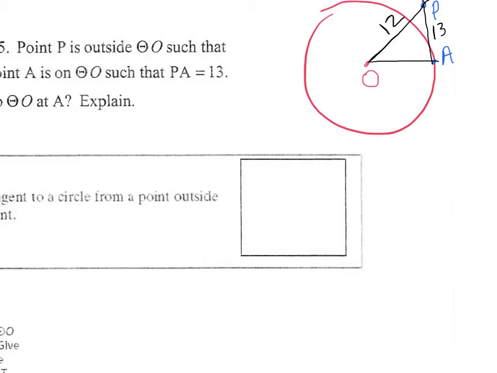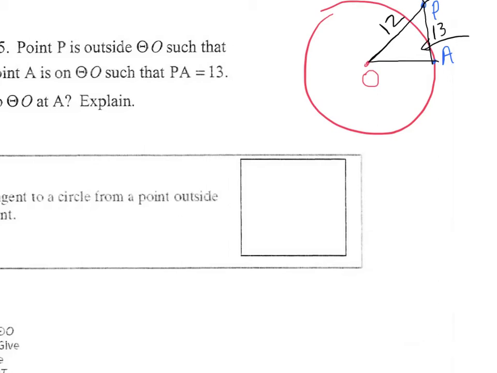So if this is 90, then angle P and angle O together would have to equal 90, because all three add up to 180, and if this is 90, which means that is a tangent line, then the other two have to have a sum of 90, because 90 plus 90 is 180. So that's the logic that you're trying to work through.